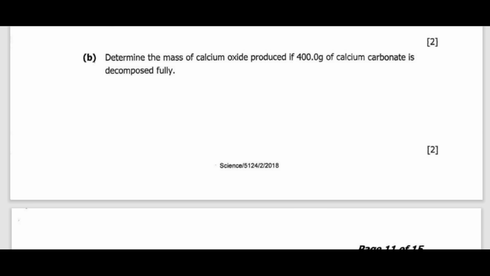Then we go to determine the mass of calcium oxide produced if 400 grams of calcium carbonate is decomposed fully. So let's first write our chemical equation. For an equation like this one, it's a balanced chemical equation. Now let's look at the mass that we are given.